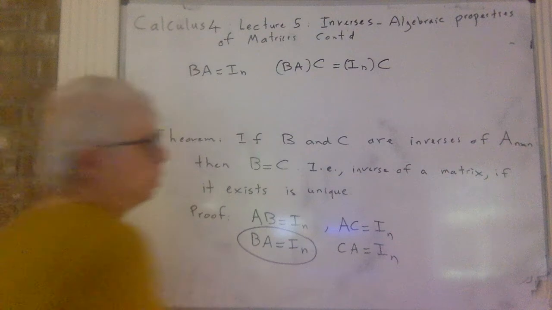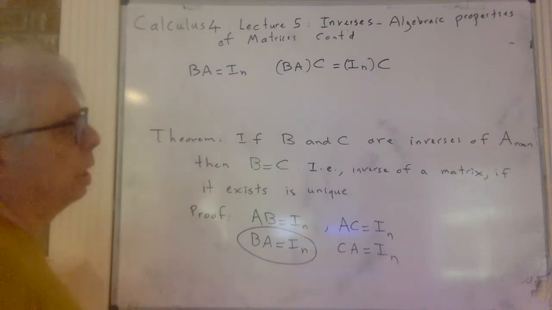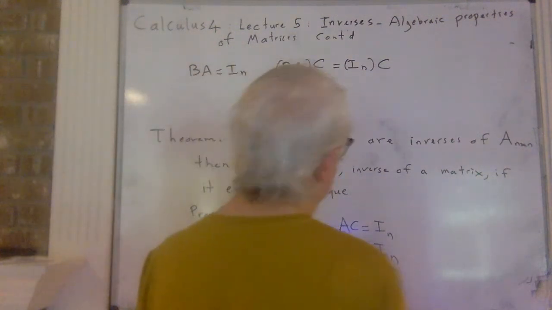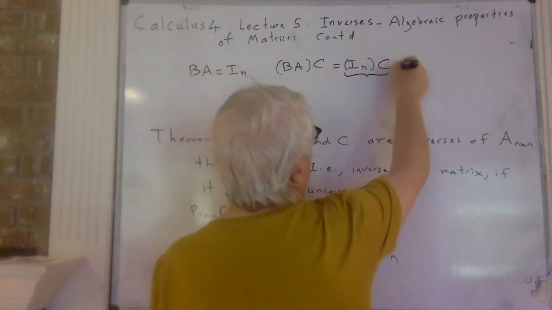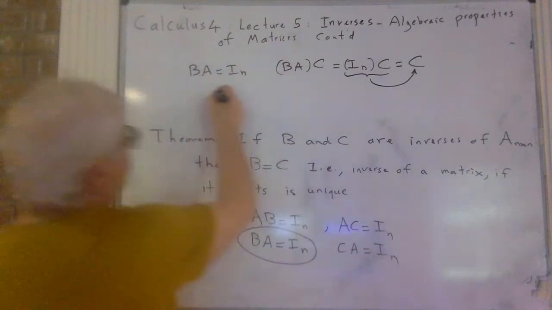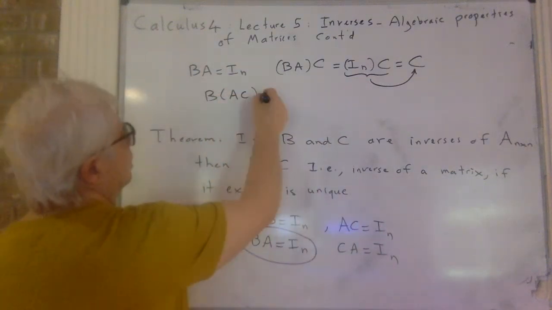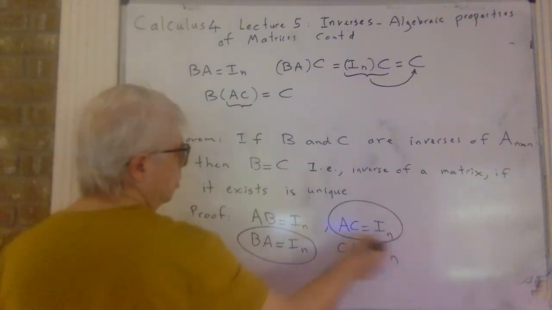What is I_n times C? I_n times any n by n matrix doesn't change that matrix, so this one is just C. How about this one? I can write B outside and then AC, and this equals C. Well, what is AC? Another I_n.